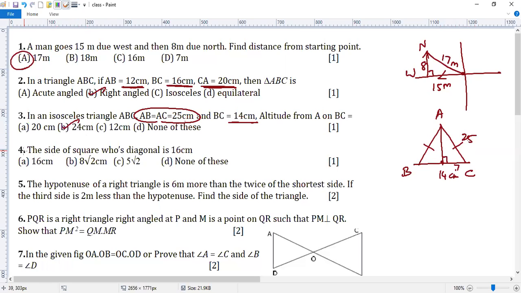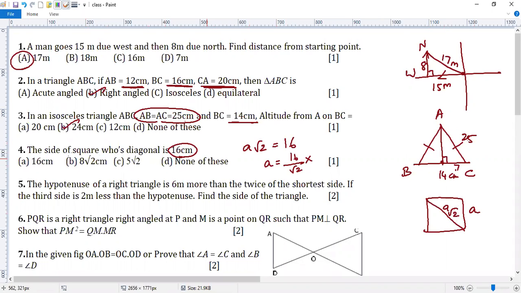Correct. Question number 4. The side of a square whose diagonal is 16 centimeter. For a square, the diagonal will be a root 2, side into root 2. Okay. So diagonal is totally 16. The side of a square whose diagonal is 16, now you have to find the side. A root 2 is equal to what? 16. So what is A? 16 divided by root 2.